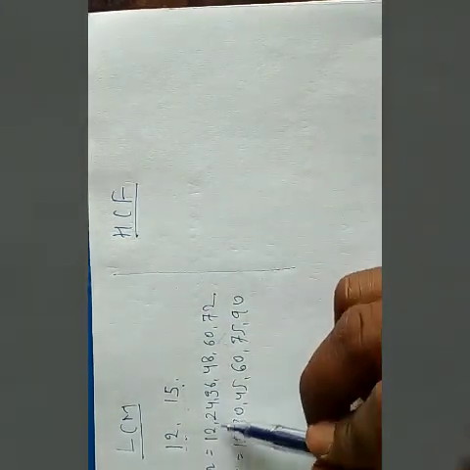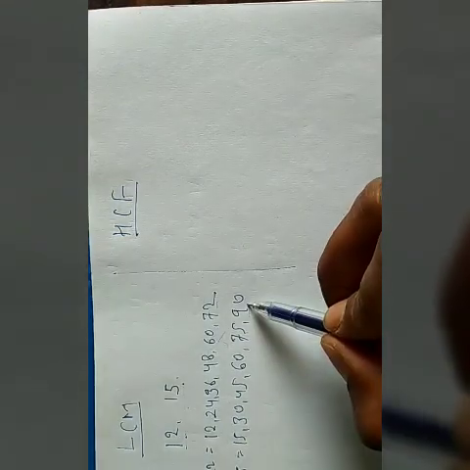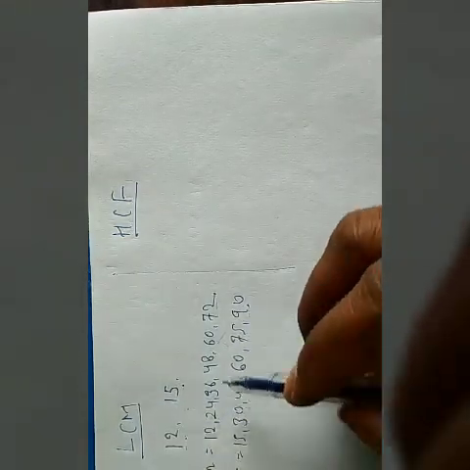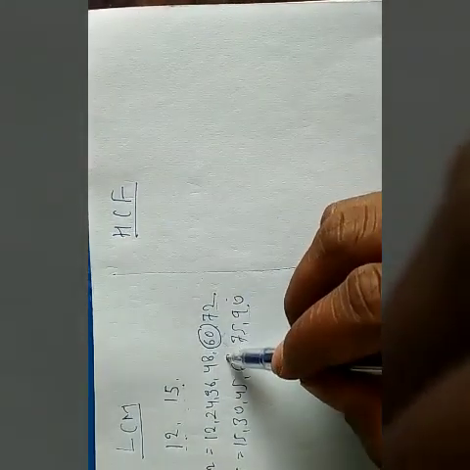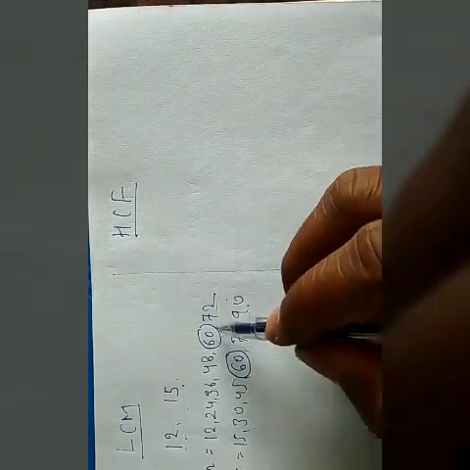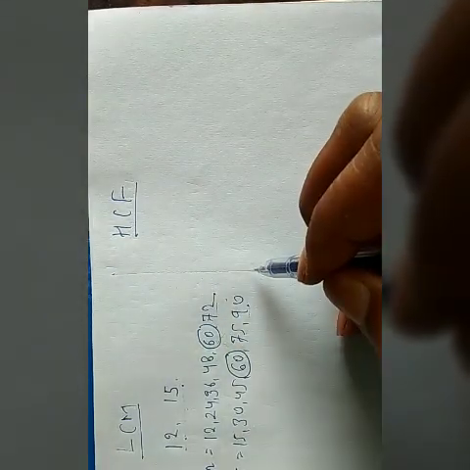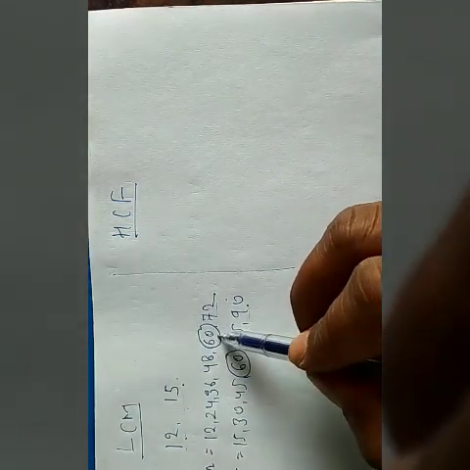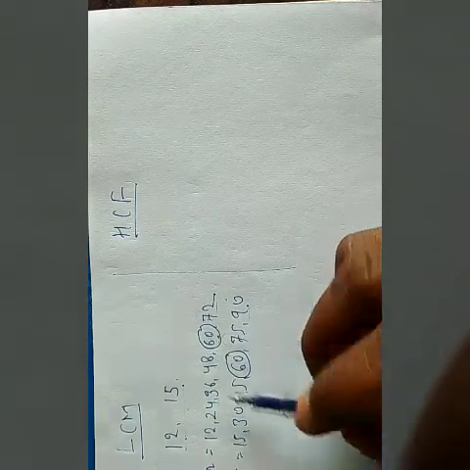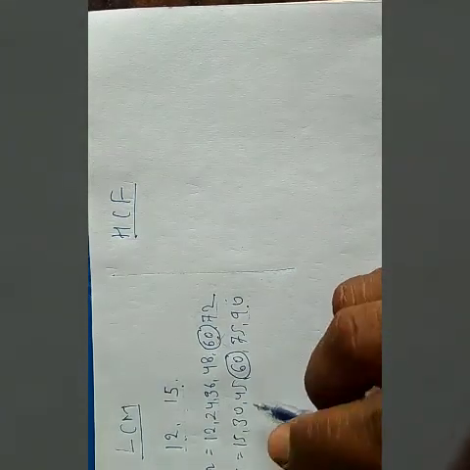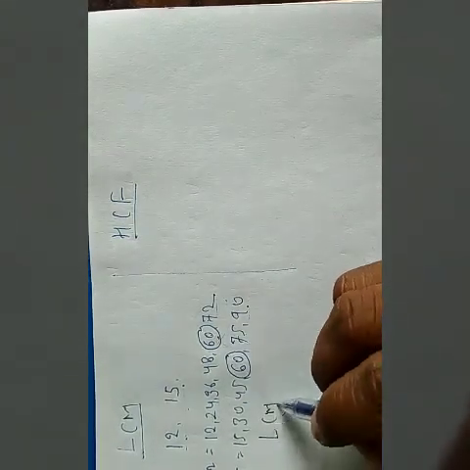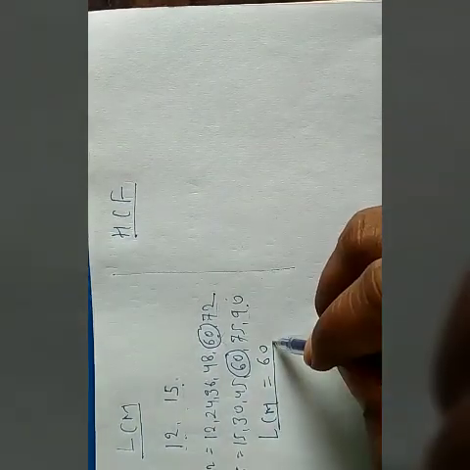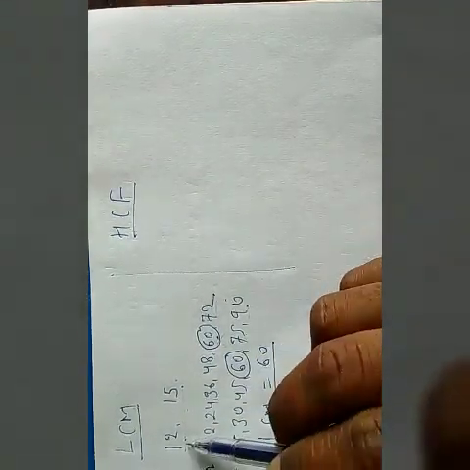Now which multiple is common? 60 is common. More than 60 will also be common, but at least 60 is a common multiple. And LCM is the least common multiple, so 60 is the LCM of these numbers.